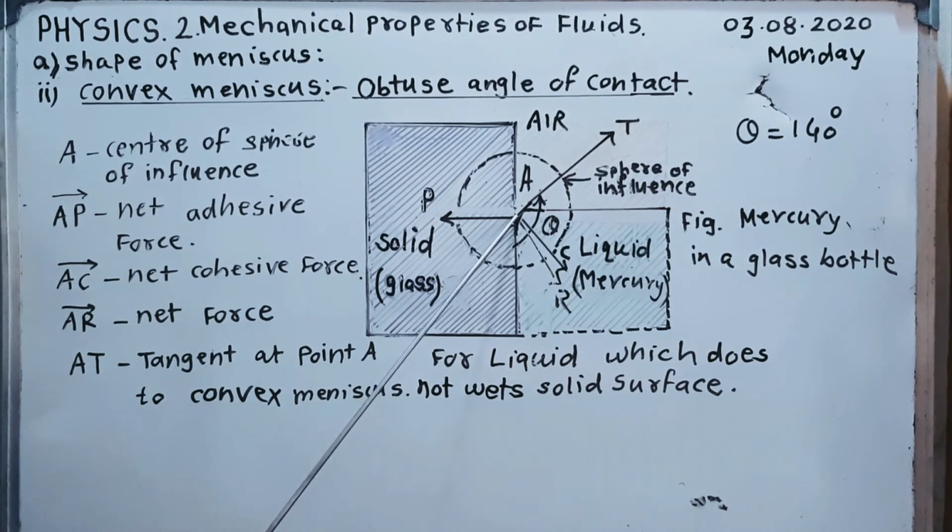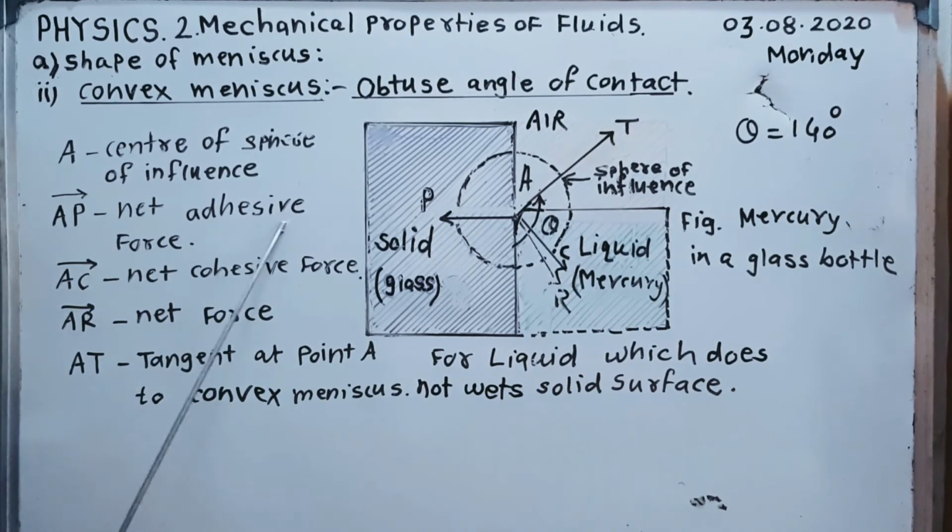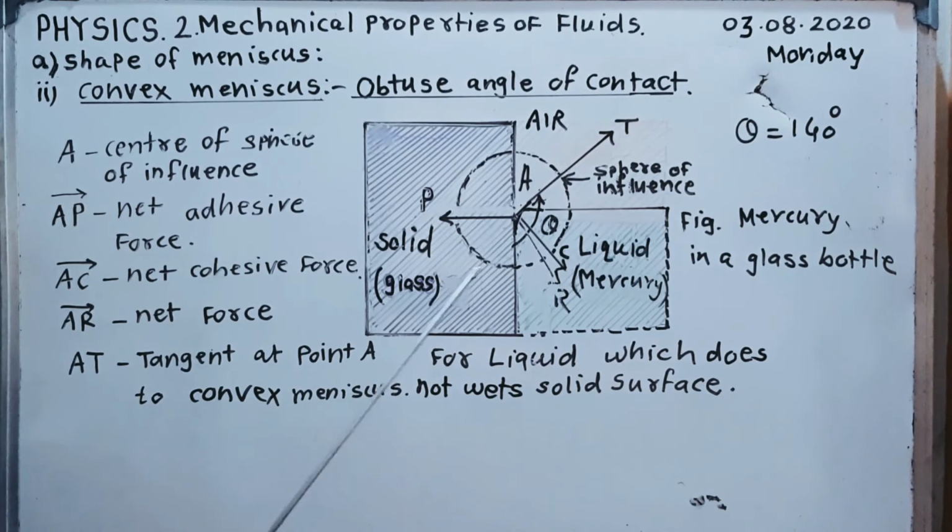The vector AP is represented here, which will represent the net adhesive force exerted by glass molecules on this particular molecule A. Here AC is represented, which is the net cohesive force. This force is represented both in magnitude and direction, and the resultant force is acting along AR, which is called the net force or resultant force.